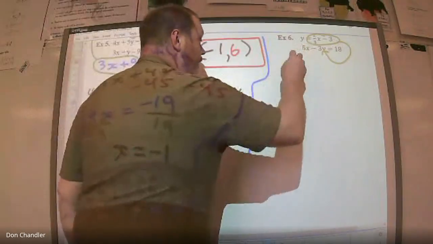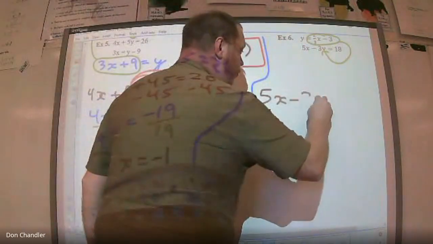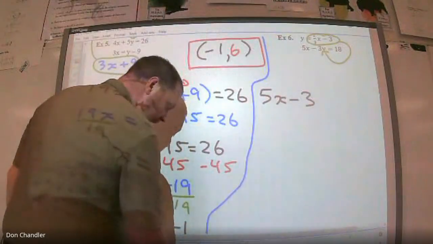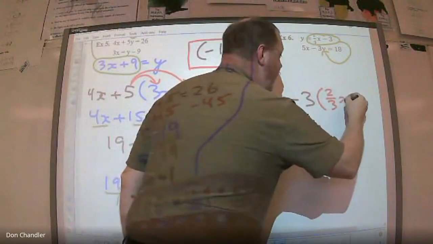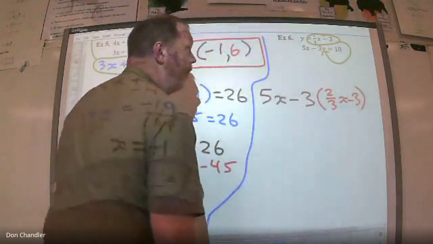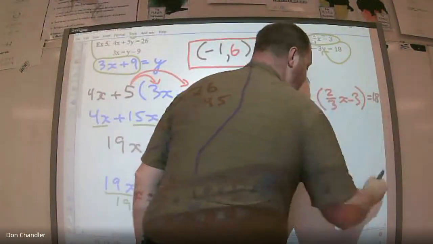So here I am, 5x in black, stayed. Minus 3 in black, stayed. What's y? Y is 2/3 x minus 3. And it equaled 18.